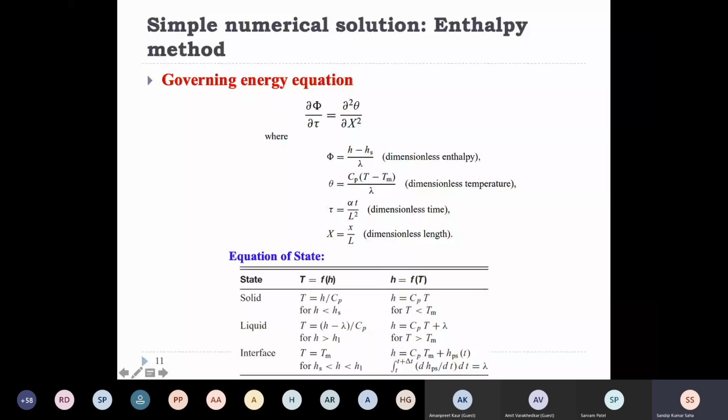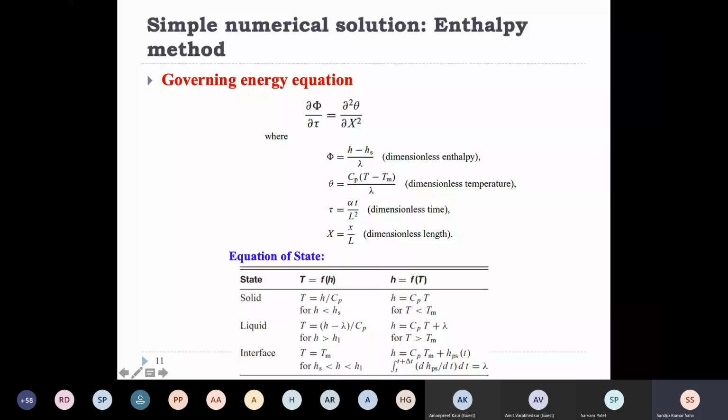Now we have further non-dimensionalized it to make it look a little bit classier, but normally it is basically rho del rho H by del t equal to K del square theta by del x square. This is a one dimensional model I am first showing, because if you understand this, then it can be easily extended to 3 dimensions. These parameters are taken in non-dimensionalized form, which gives you this equation.